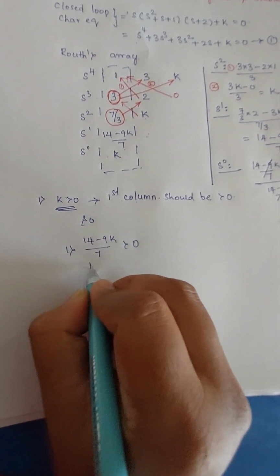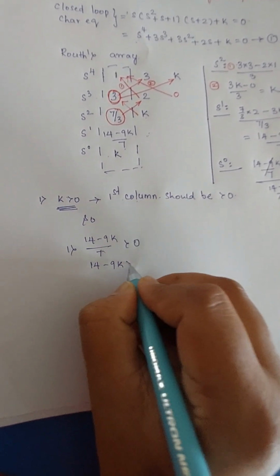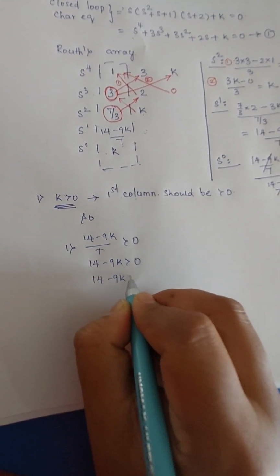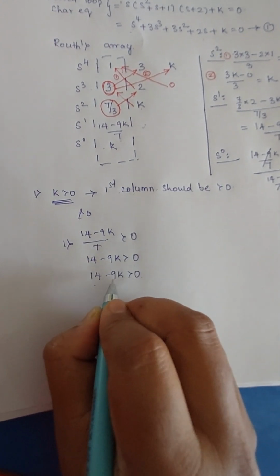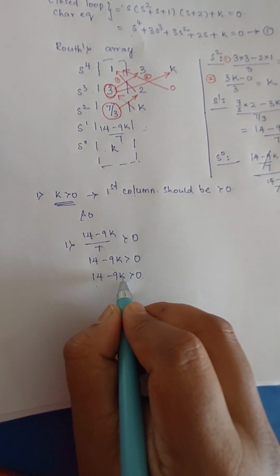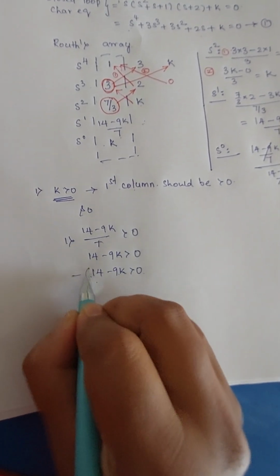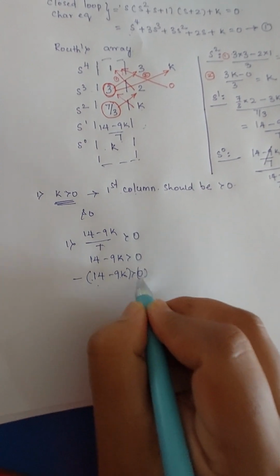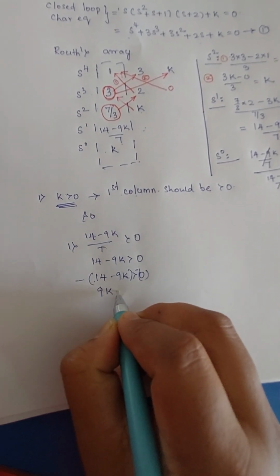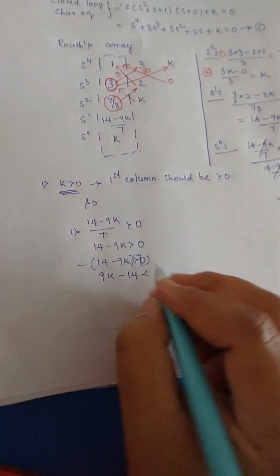So now what happens here? When this 7 goes to the other side, 14 minus 9k is greater than 0. If you want to make the 9k element first, we have to multiply by minus on both sides. If you do that, this becomes 9k minus 14, and the greater than becomes less than 0.